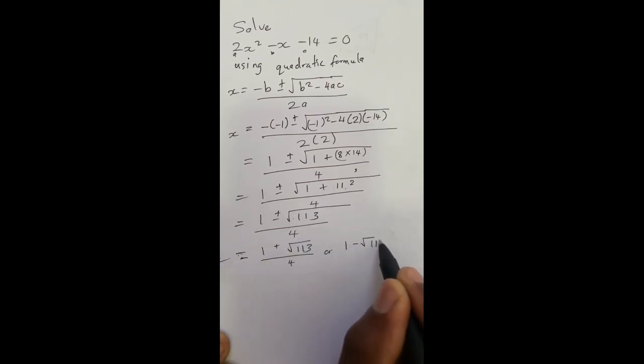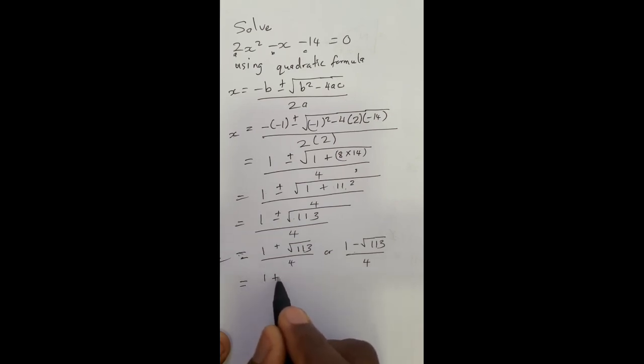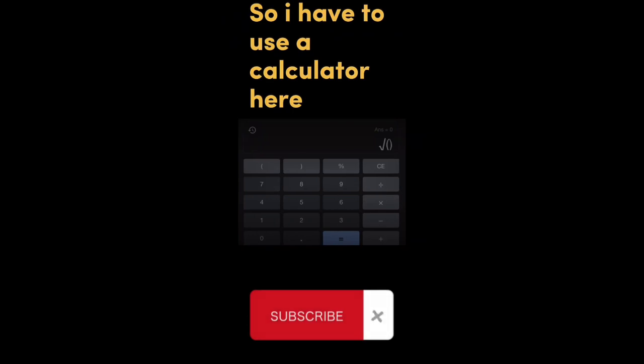So here I've separated the equations. The value of x could be 1 plus the square root of 113 over 4, or 1 minus the square root of 113 over 4. So I'm going to use a calculator.